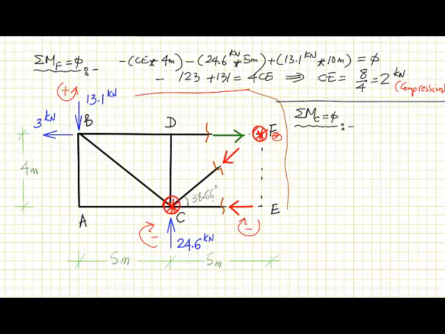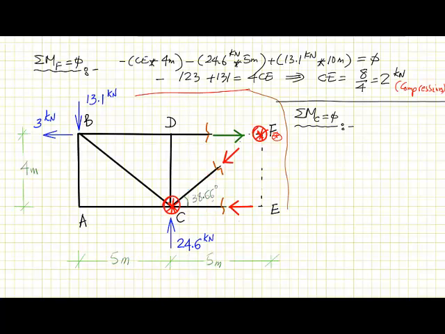So we need to again define the direction of rotation for each force. Of course, these two forces would not cause any rotation because they are passing through the point, so these will not be considered. This one will be considered.